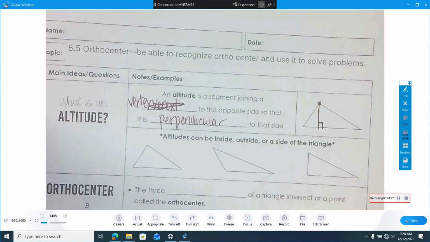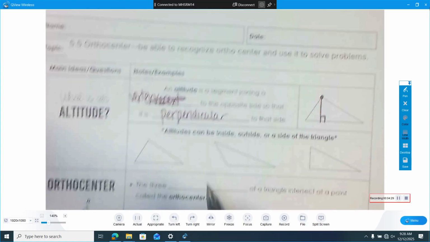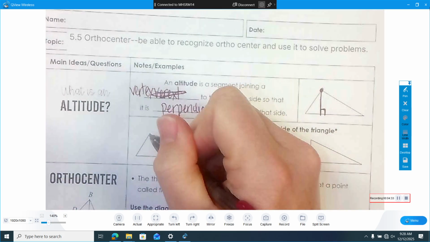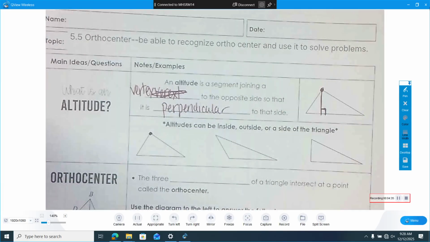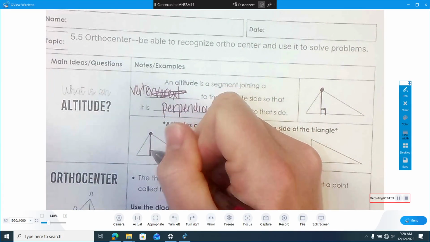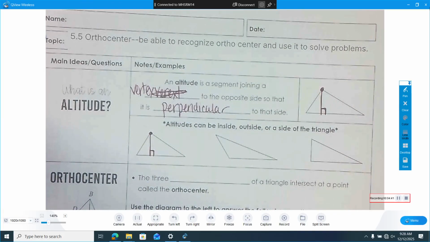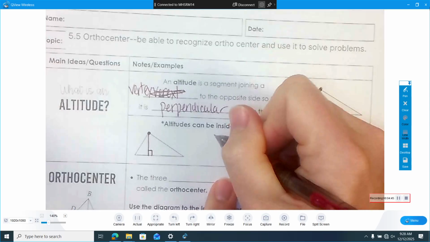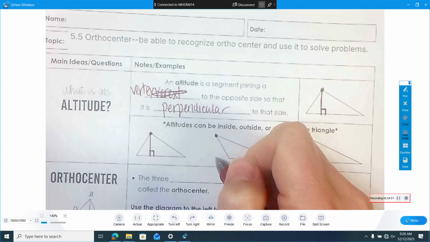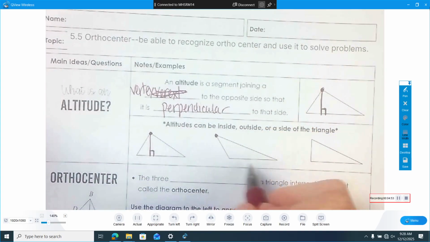Very, very important. Now, it turns out that altitudes can be inside, outside, or on the side of a triangle. So if I go from this top vertex here, I'm going to drop an altitude straight down, so it'll be perpendicular. That altitude happens to fall inside that triangle. But here, I can see I have an obtuse triangle. So that altitude, if I drop it down, doesn't hit anything.